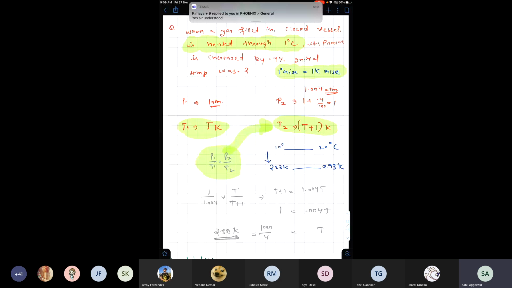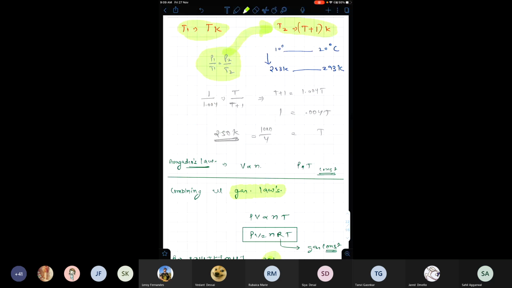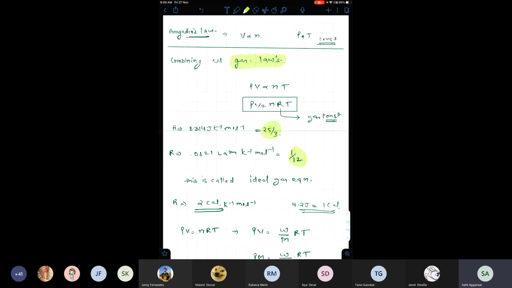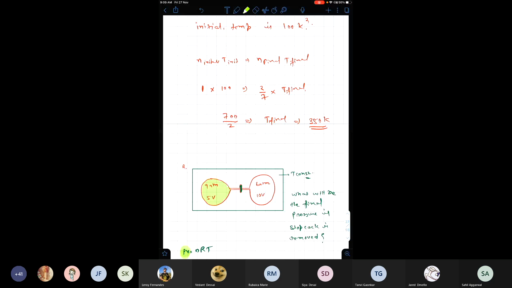Rise remains the same. 1 degree rise is equal to 1 Kelvin rise. 5 degree rise is equal to 5 Kelvin rise. Okay, so this was a doubt. Understood this part, this question?